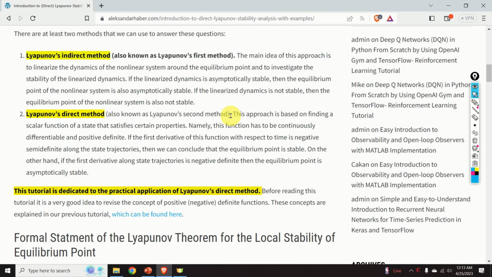If the first derivative of this function with respect to time is negative semi-definite along the state trajectories, then we can conclude that the equilibrium point is stable. On the other hand, if the first derivative along state trajectories is negative definite, then the equilibrium point is asymptotically stable.